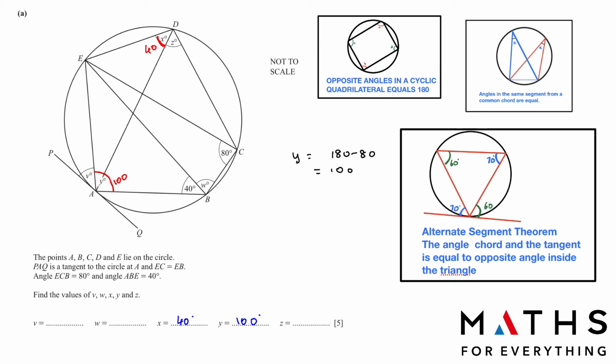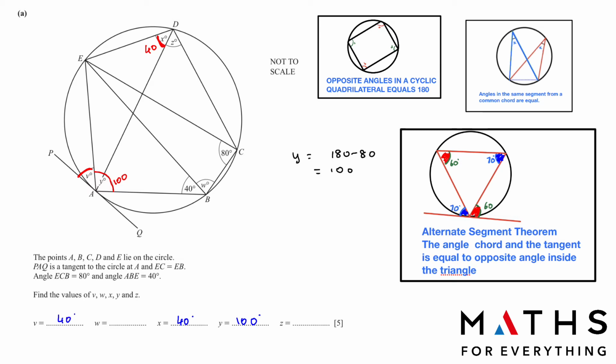So the angle between one side of the triangle and the tangent is equal to the opposite angle. In the same way we can say this angle is equal to this angle. So we can say V is equal to X by the alternate segment theorem, and V is 40.